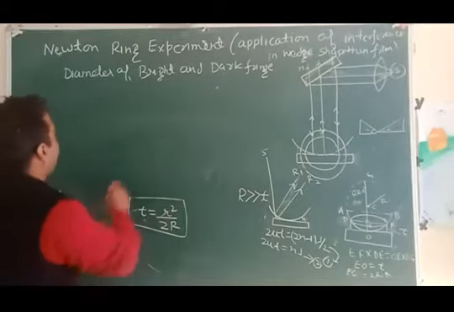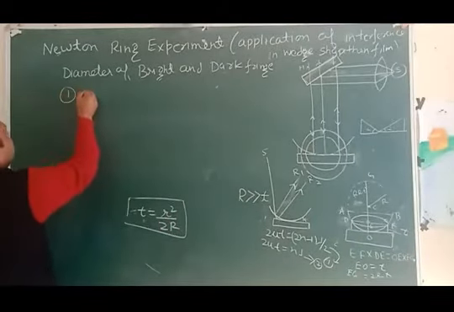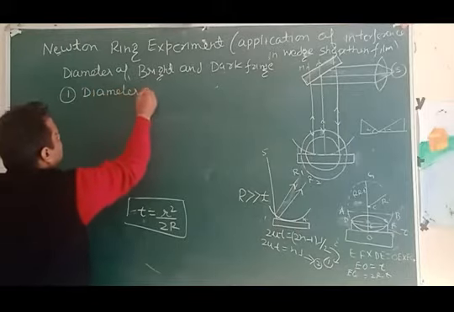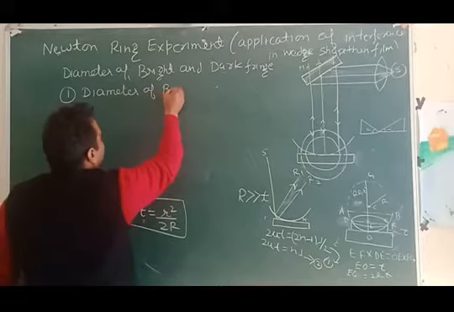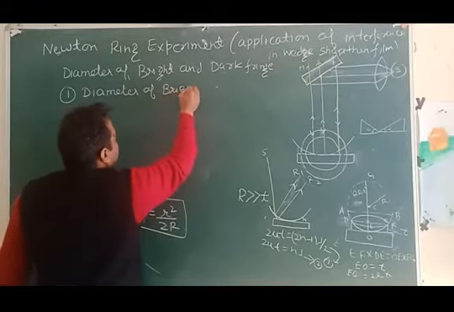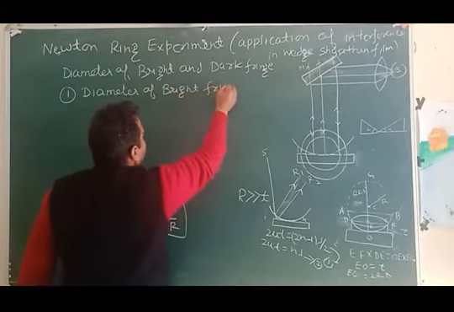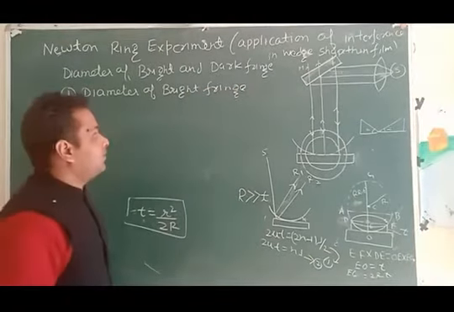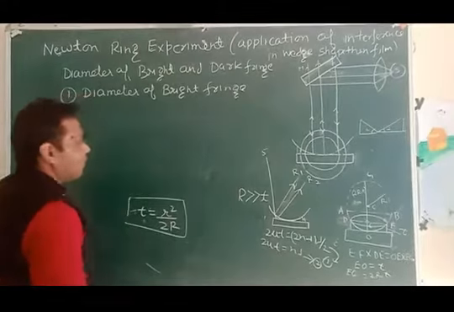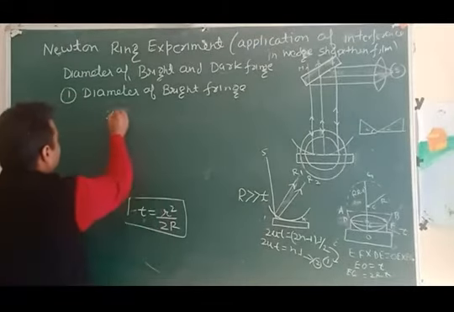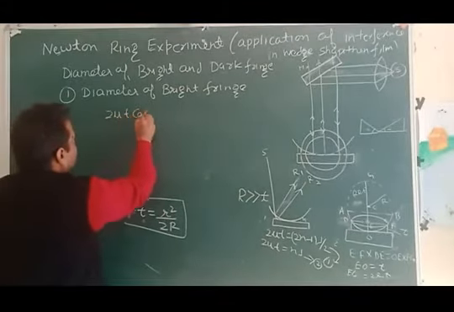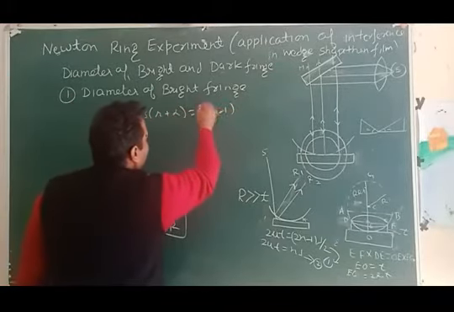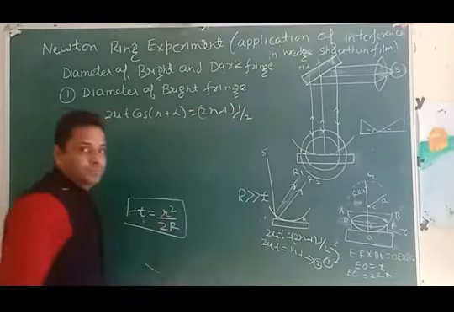Now for the diameter, the first case is the diameter of the bright fringe. The condition for the bright fringe in case of that shape is 2 mu t cos (r plus alpha) equals (2n minus 1) lambda by 2.